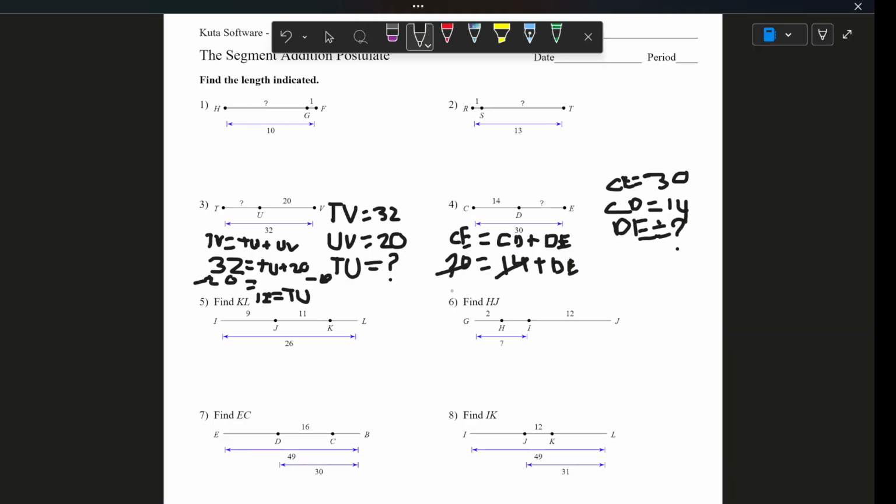So minus 14 on both sides. And then you get, what's 30 minus 14? Well, we get 16. So 16 equals DE. Cool.